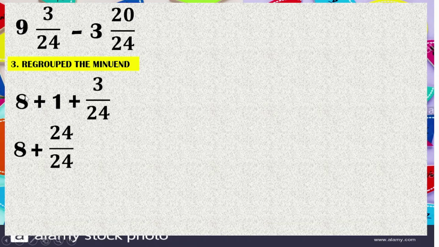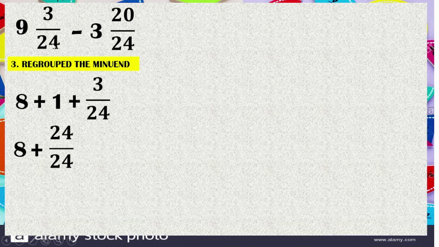Ulitin ko, kinopya ko lang itong 8. Then yung 1, nag-isip ako ng fraction na kung saan pag dinivide ko yung dalawa, ang sagot ay 1. And then, syempre, mag-iisip ako ng fraction na kung saan dapat the same dito sa denominator ng 3 over 24, which is 24. So, ginamit ko yan, 24.